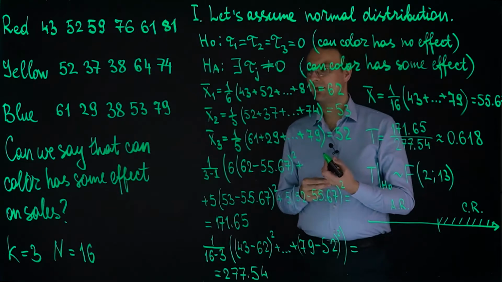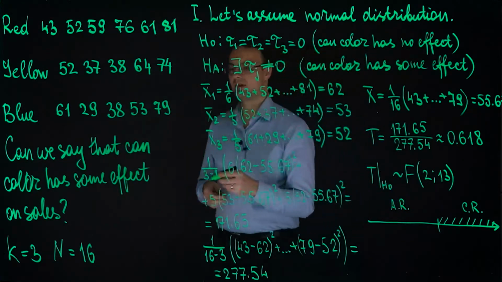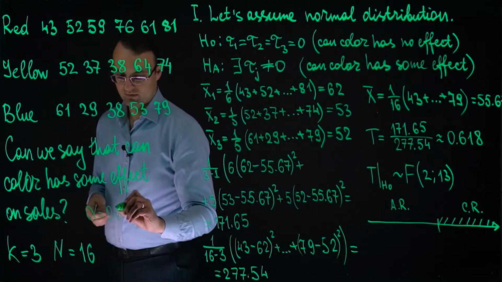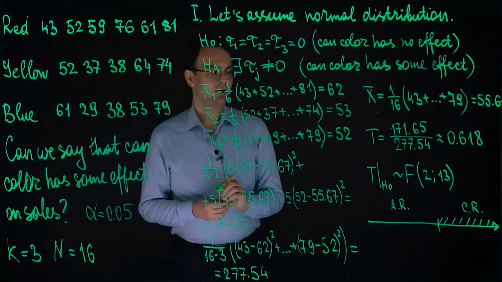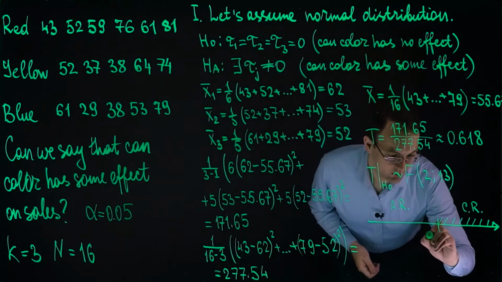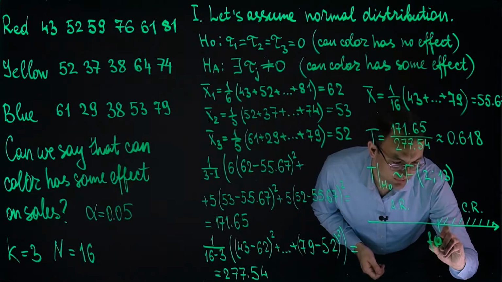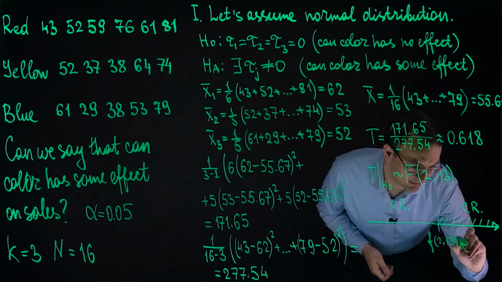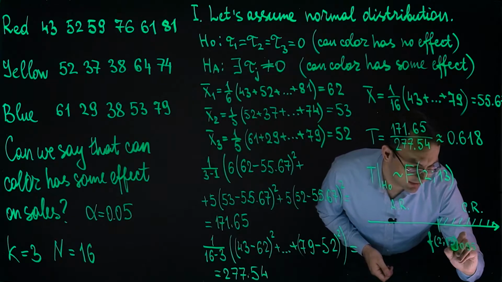As alpha is not provided, let us assume the standard alpha 0.05, a standard significance level, the default one. And here we have the quantile with 2 and 13 degrees of freedom of the level 0.95.